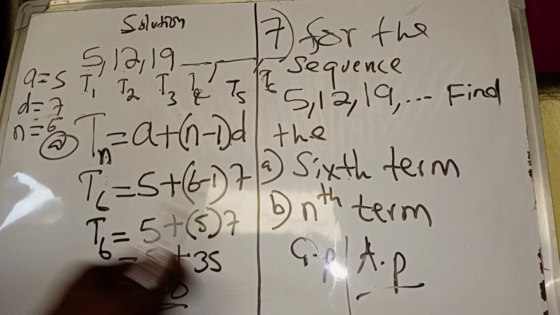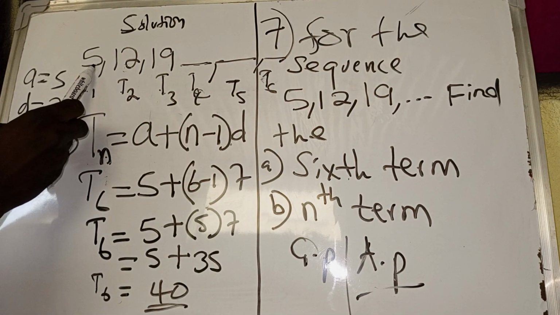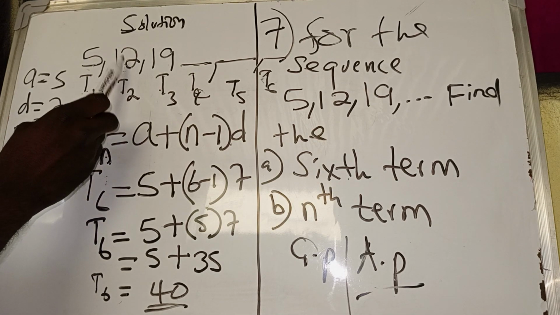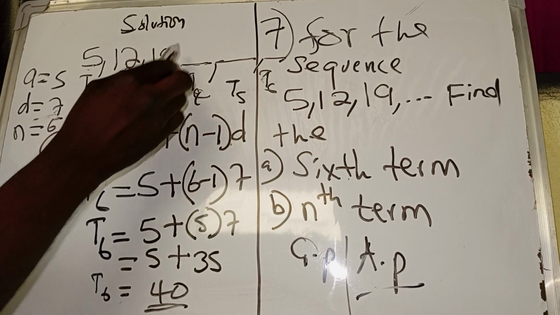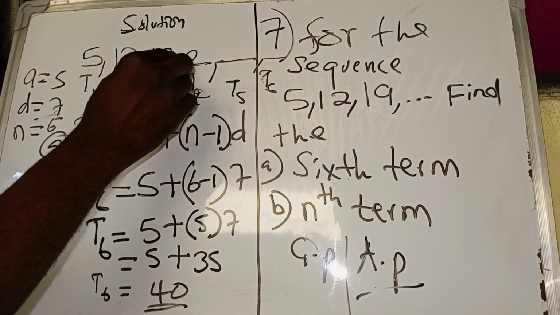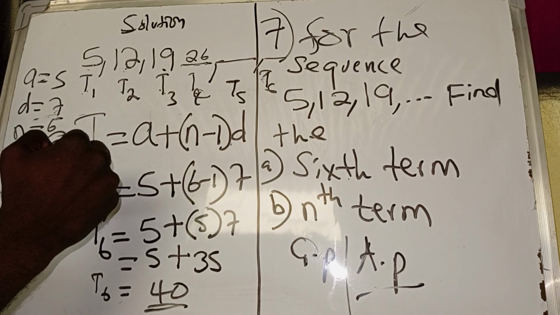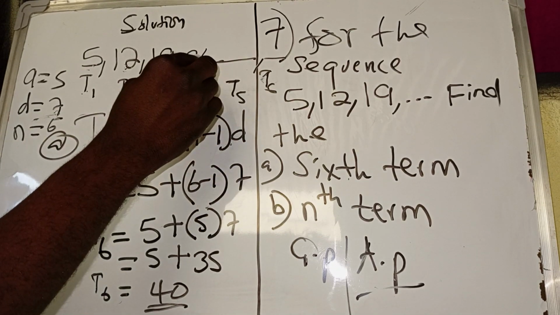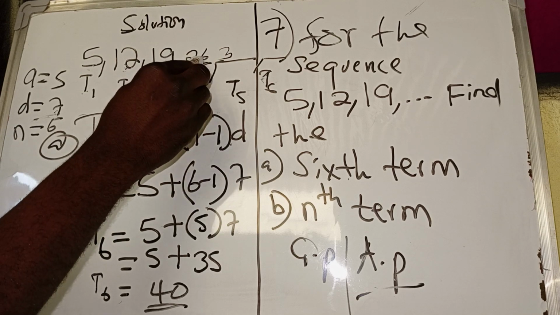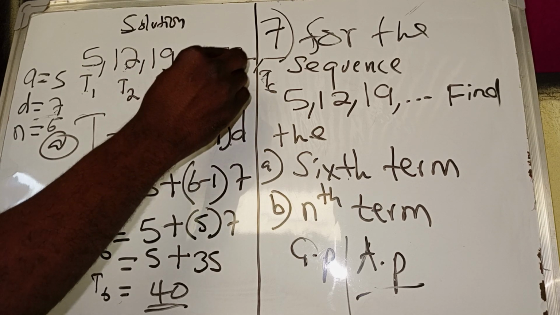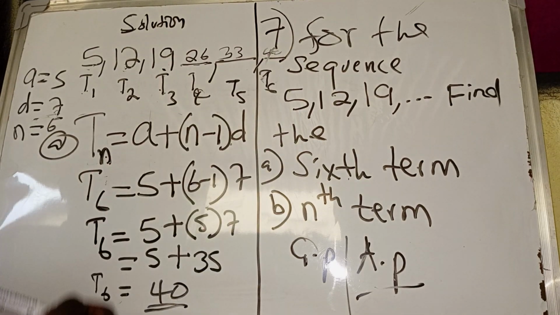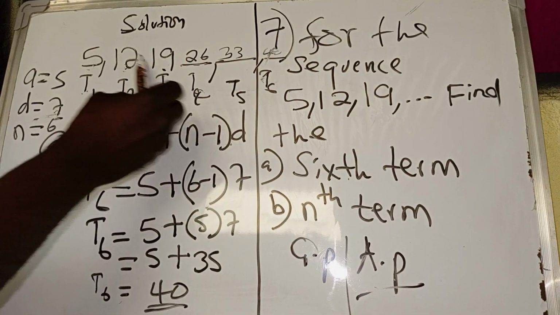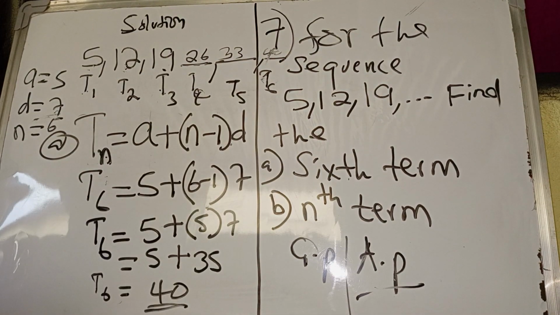You can just keep on adding the common difference. 5 plus 7 is 12. 12 plus 7 is 19. 19 plus 7 is 26. 26 plus 7 is 33. Plus 7 again, you have 40. As you can see, we did this even in grade 7. So by adding, term number 6 is 40.